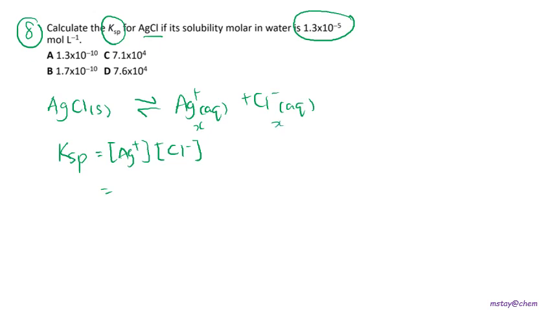But in this question, they already give us the x value, which is 1.3 exponent negative 5. So we just substitute in 1.3 exponent negative 5 to the power of 2. So you press the calculator, you will get 1.69 exponent negative 10. So the answer for this question will be B.